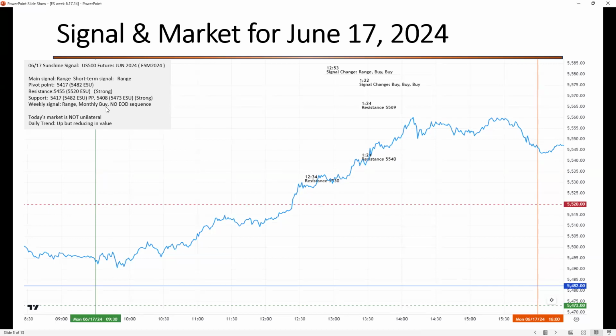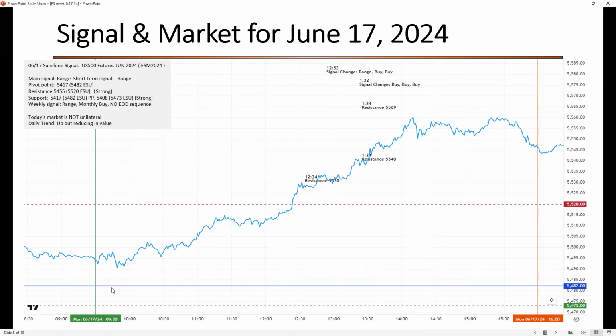You'll notice that I did not include the 5408, 5470. So this 5473, and then this 5482 support is the same as the pivot point. That's why it's blue and not this green dotted line.